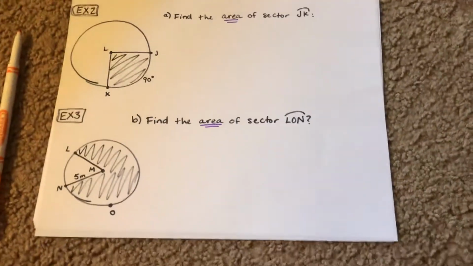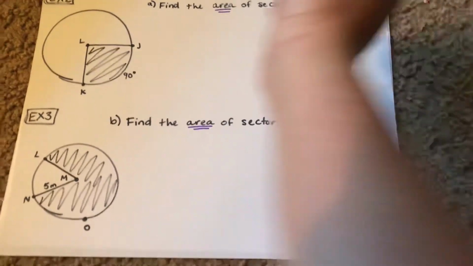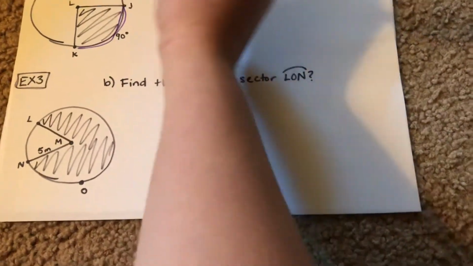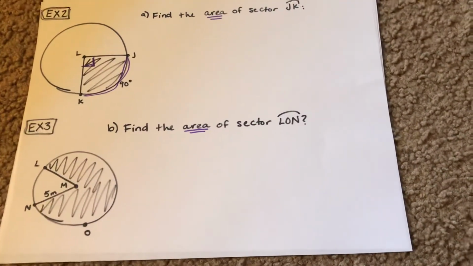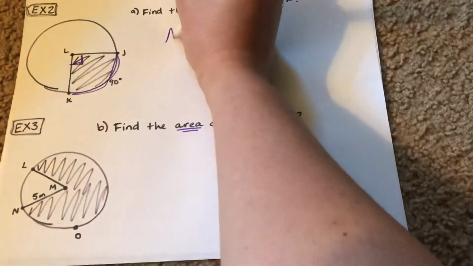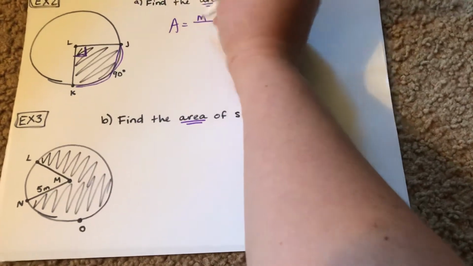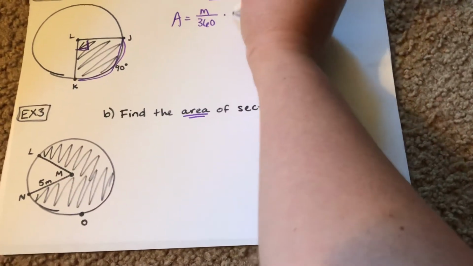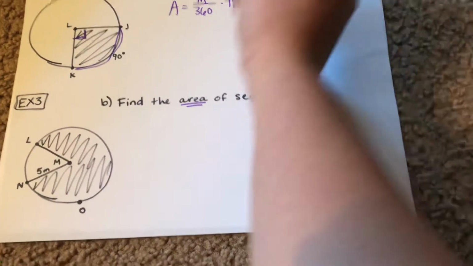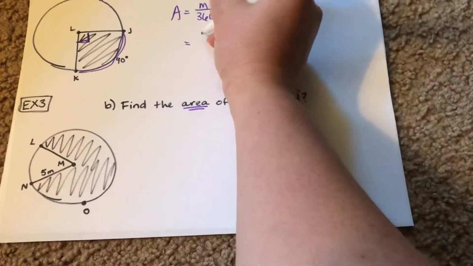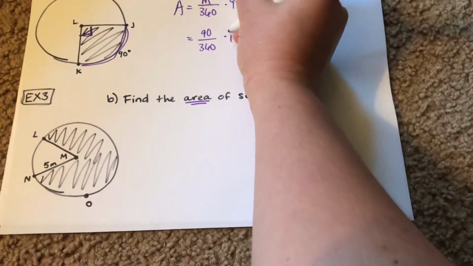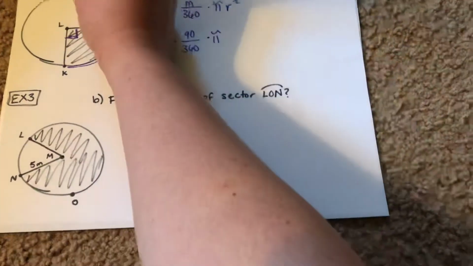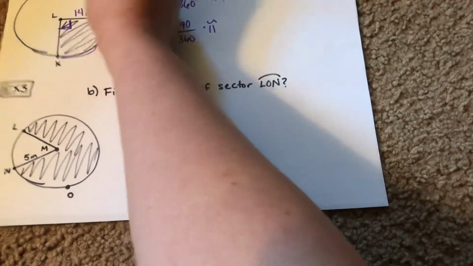All right, so if we look here, find the area of sector JK. JK we know is 90 degrees. It gives us that right here. That's cool. That's a right angle right there by our central angle theorem, if you remember that. So area formula. Area is the measure over 360 times pi r squared. So in this case, our measure is 90 degrees over a possible 360 times pi times our radius. Wow, I forgot to put a radius again. It's 14 inches.